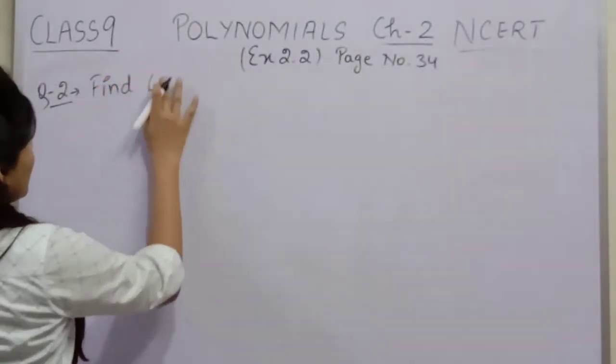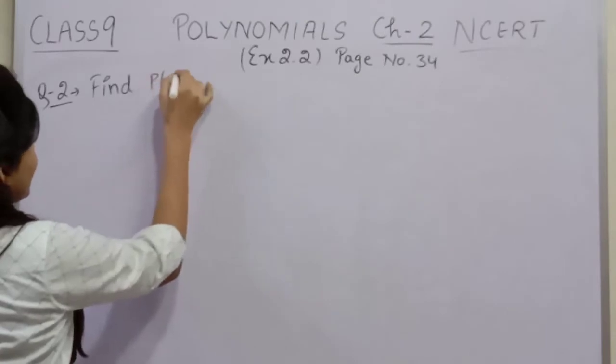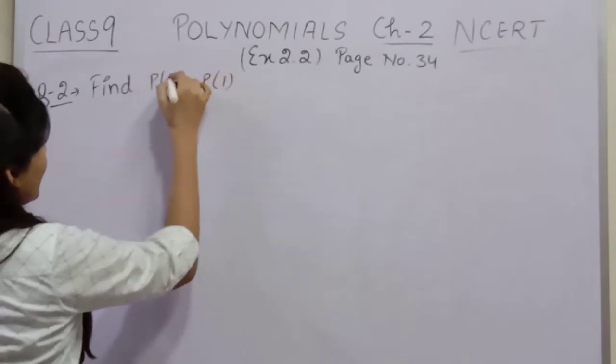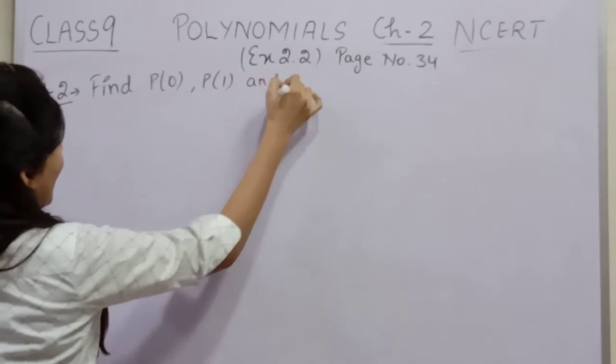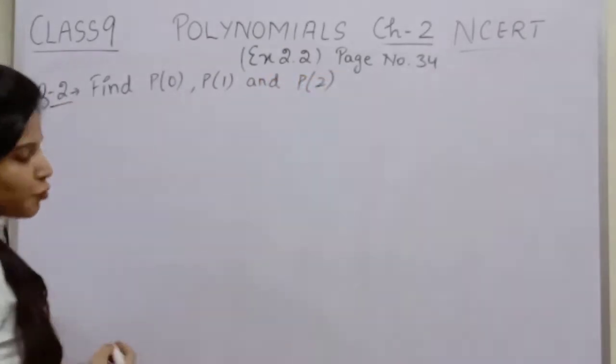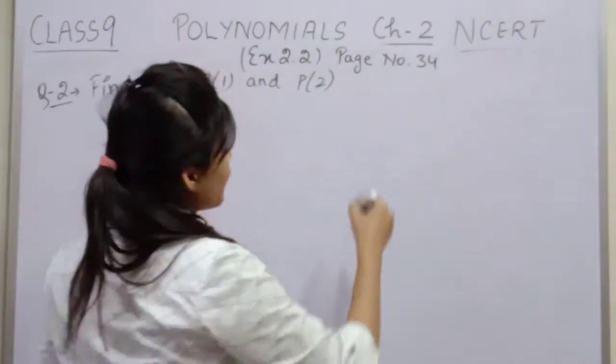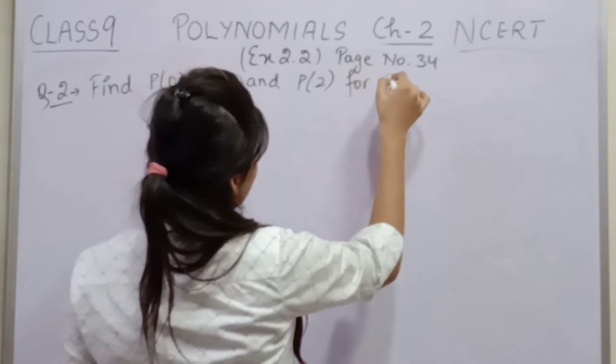Find P0, P1 and P2 for each of the following polynomials.